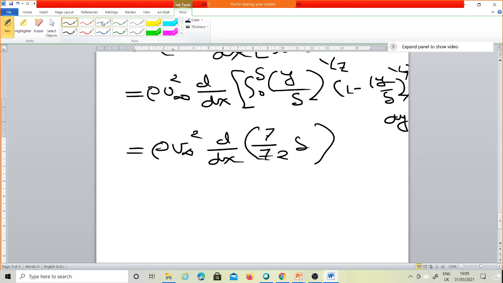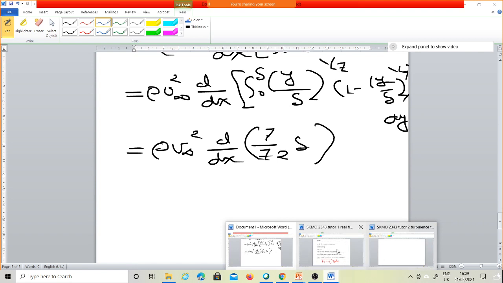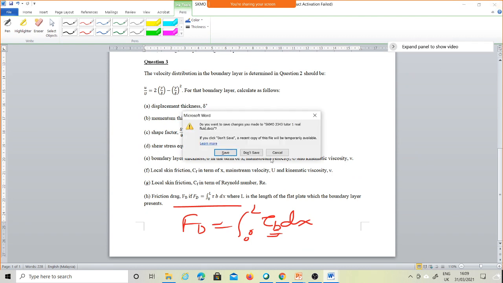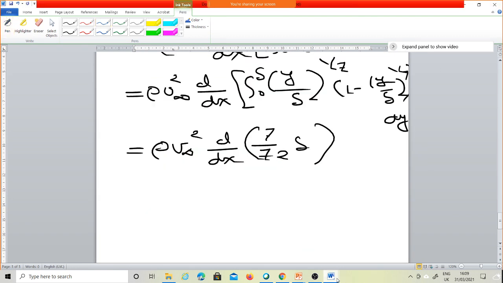Okay, so if you have this one now, I must mention one thing, that when it is given for the turbulent flow, and if it is mentioned that in turbulent conditions, so I'm not sure whether they mention it or not. Hold on, I need to check the question.